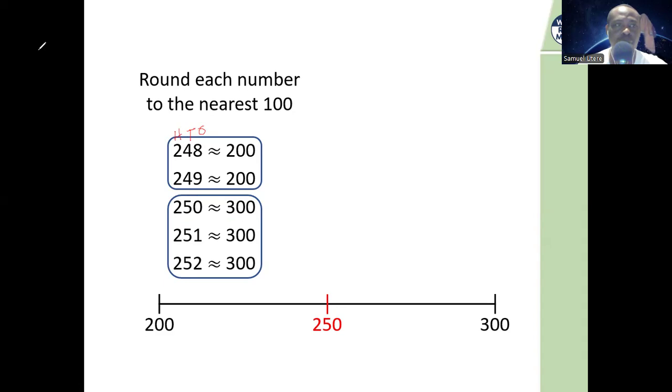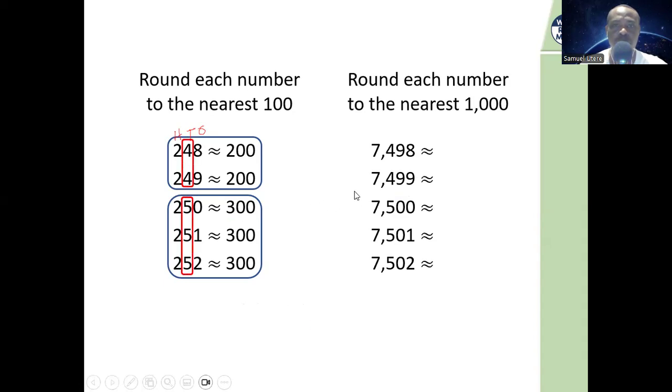Let's look at another one. These ones, what do you think? I want to give you a hint and I want you to think about this. Now we're rounding each number to the nearest thousand. So if we do our place value, that's ones, that's tens, that's 100, and that's 1,000.